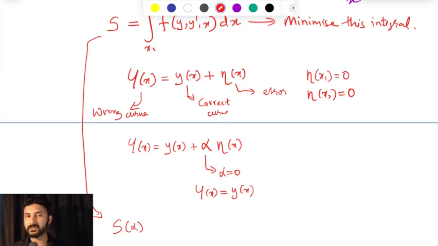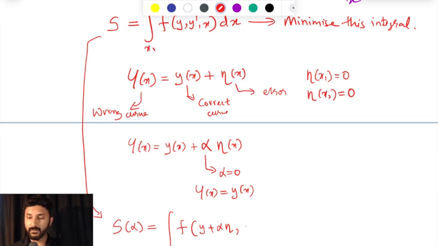I choose some non-zero value for alpha, I get a value for the integral which is going to be higher than the minimum that it can take, and therefore our task becomes to make sure that this integral S of alpha takes on a minimum value when alpha is 0, when alpha vanishes. So if alpha vanishes, the error is gone and the wrong curve should be the right curve, and this integral should take on a minimum value.